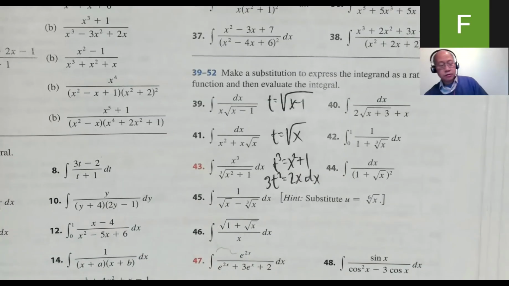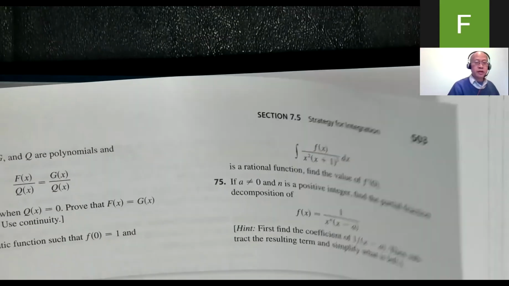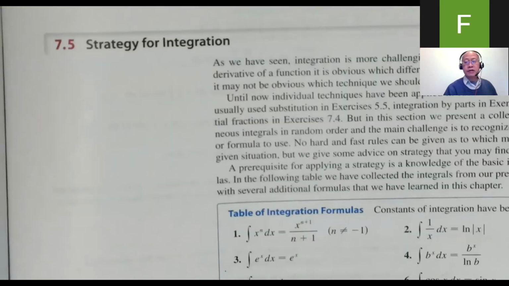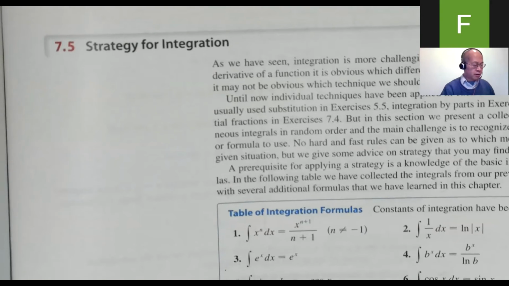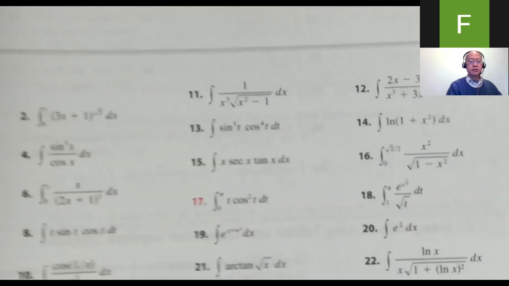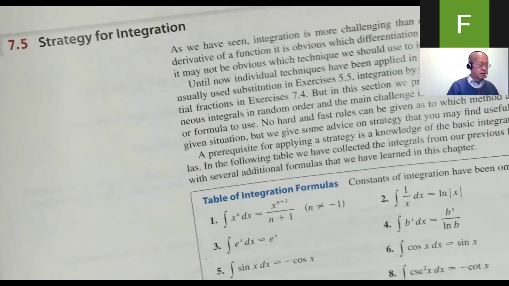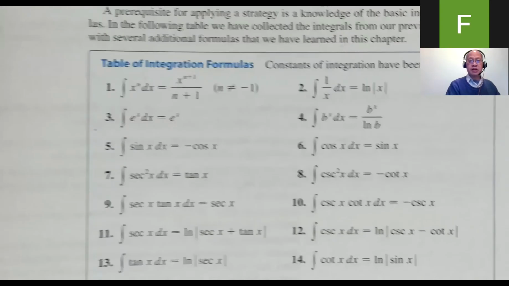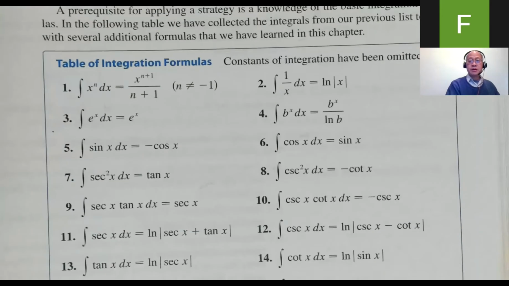Let's see what that's about. What are we skipping? 7.5 is called strategy for integration. So it's kind of just a review. I decided not to do the review. It just combines all the stuff. Oh, there's another table of integrals, page 503.